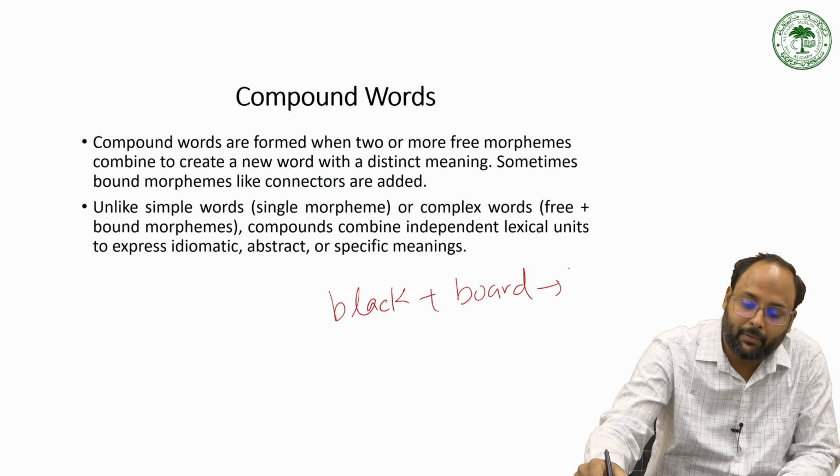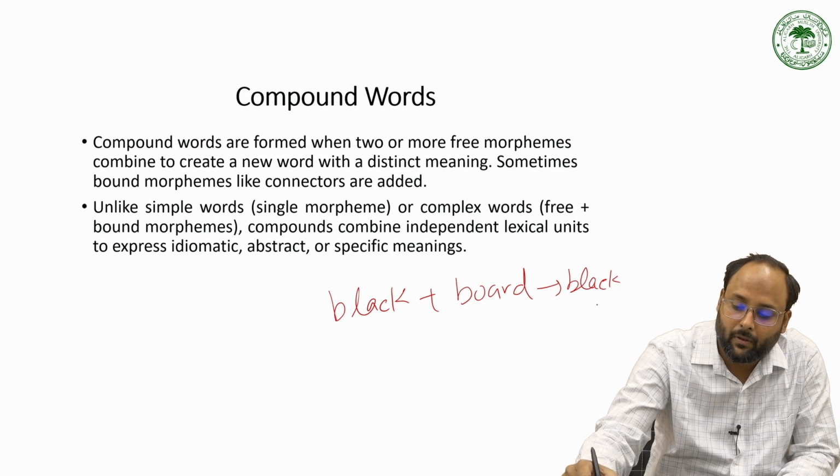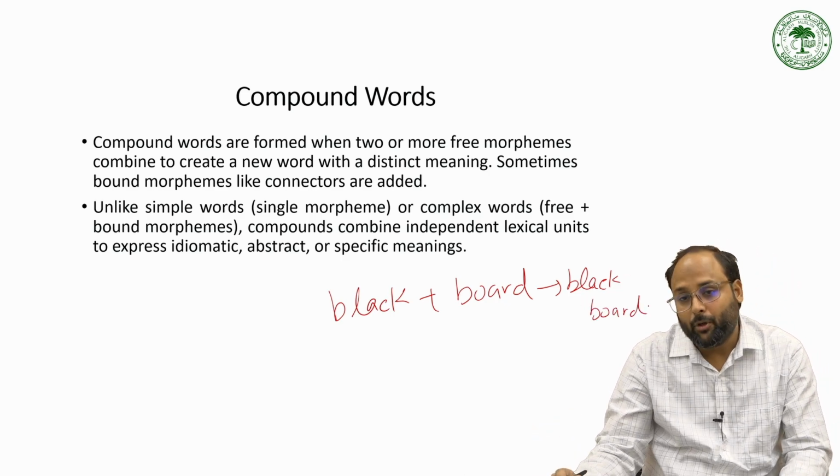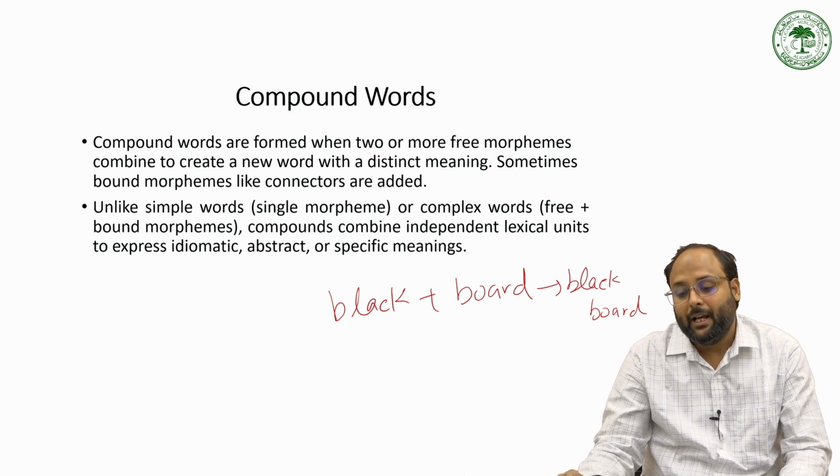So it becomes blackboard. So blackboard is a compound word. In this word, we have two free morphemes, one is black and the other is board. So that is the formation of the compound word.